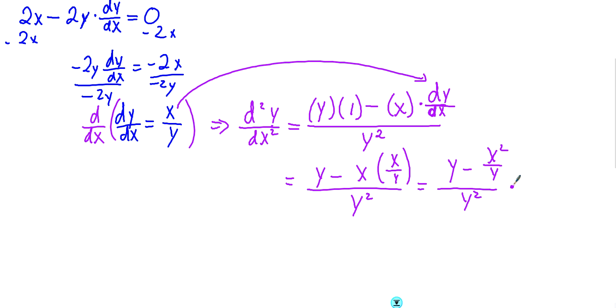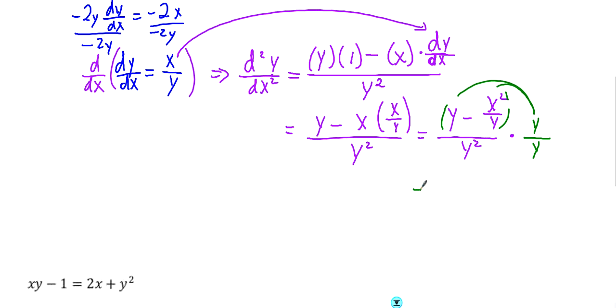I'm going to multiply the top by y and the bottom by y, and I'm going to distribute it in here. So you're going to get y squared minus x squared over y cubed.